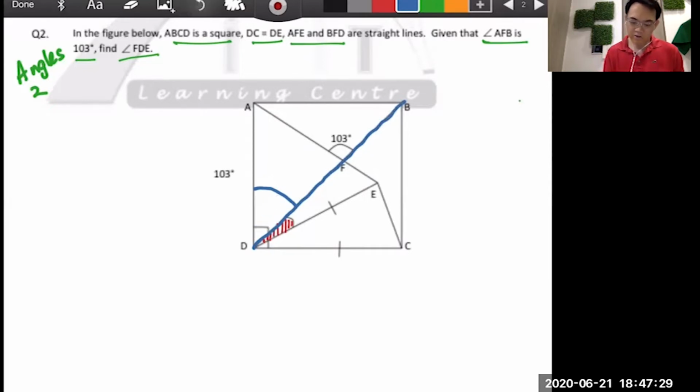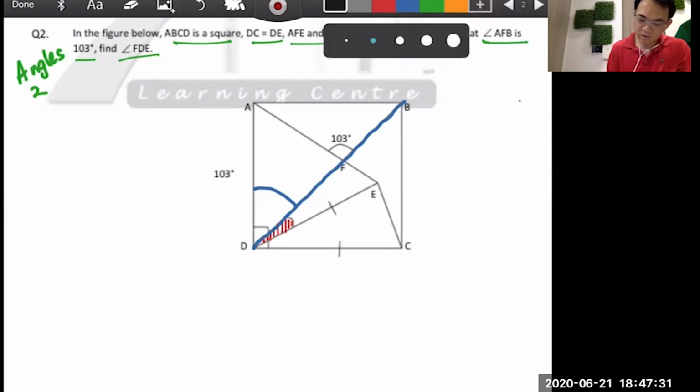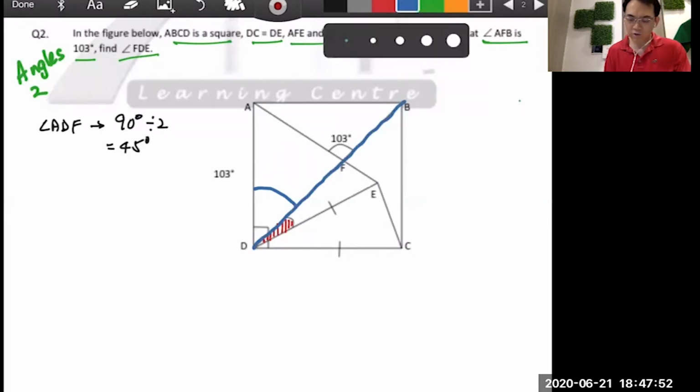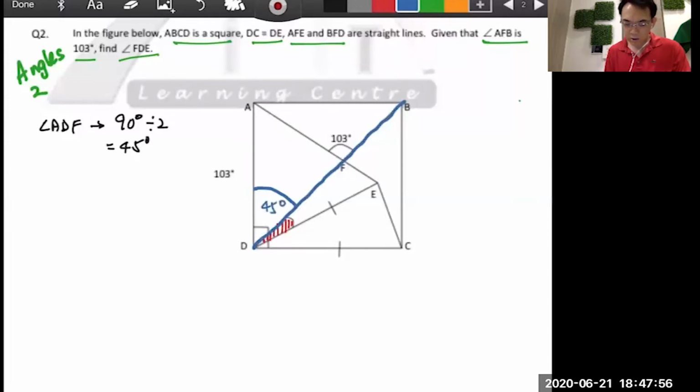And that is my first step. So my first step is to find angle ADF. So angle ADF is 90 degrees divided by 2, 45 degrees, okay? Again, it's a good habit to illustrate what you have found into the diagram, put it back in. This is 45 degrees, okay?